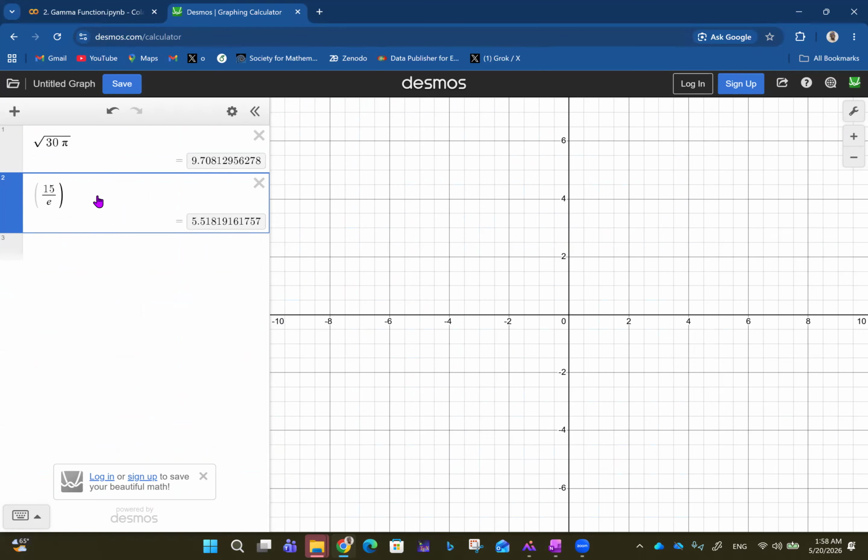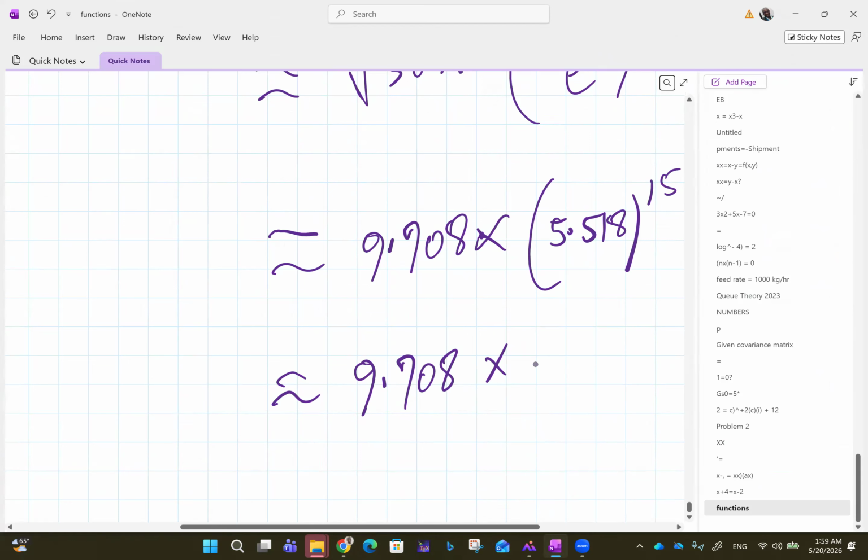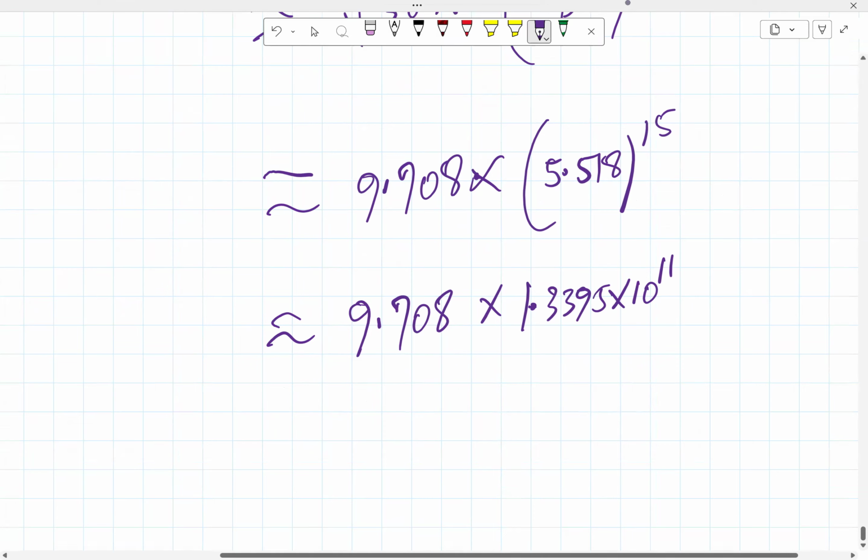Okay, so that's 1.3395 times 10 raised to power 11. Okay, that's what we have there.